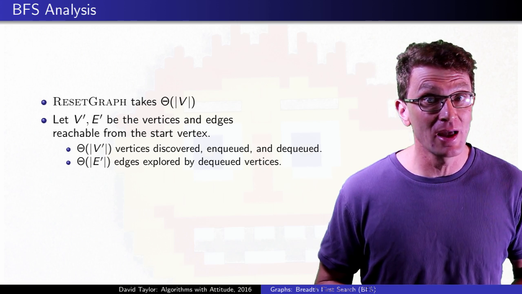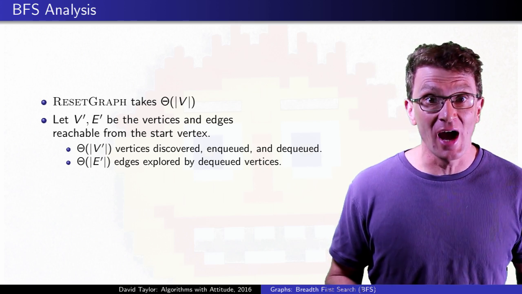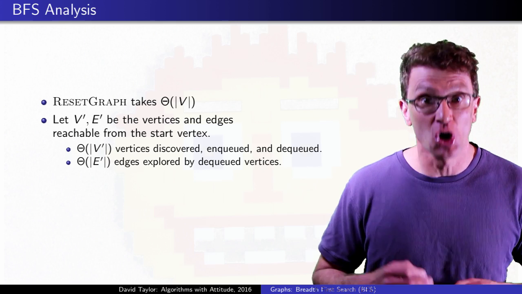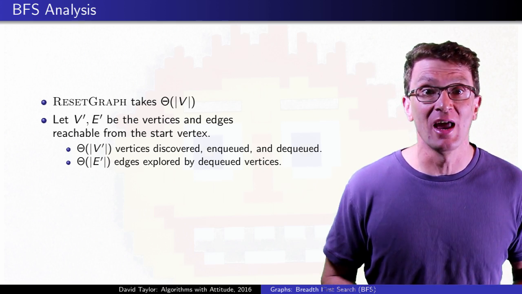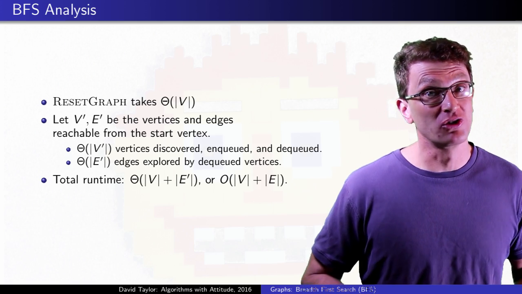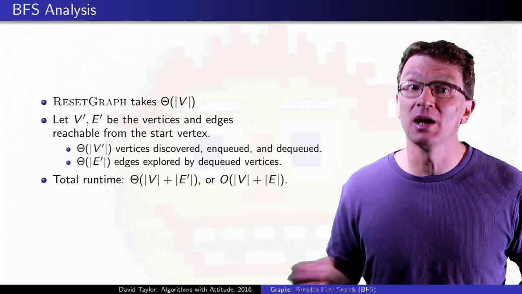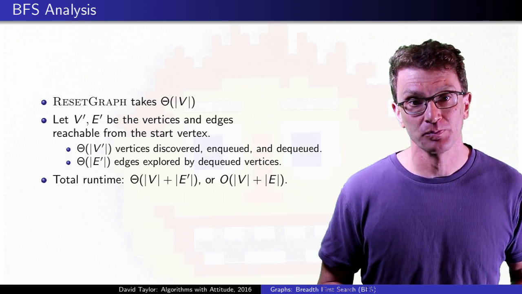For an undirected graph, reachable edges can be explored once from each side, but still that gives us a total linear time in the number of reachable vertices and edges. So we can write exact theta notation using reachable edges, or use big O upper bound notation in the size of the graph as a whole.